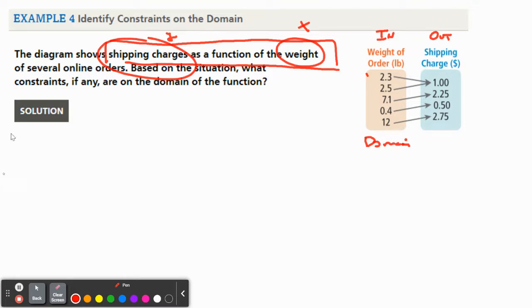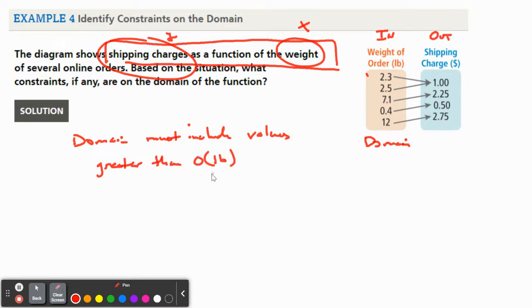So the domain must include values greater than 0. And again, that would be the weight in pounds, greater than 0.